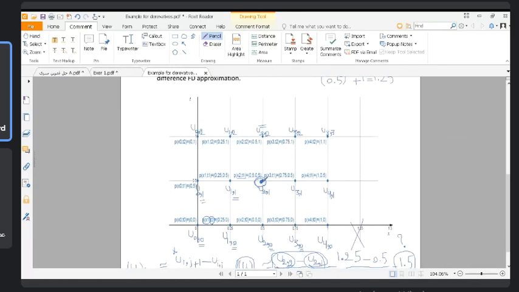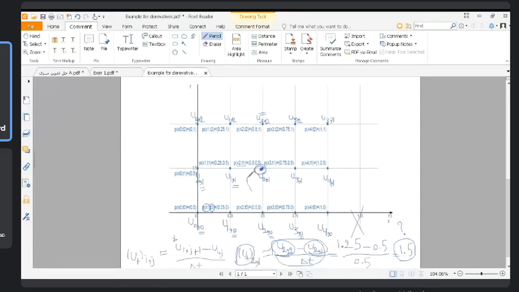Because when we compute ut at 2, 1, we use the next point, u2, 2, not u2, 0. If we use u2, 0, we say the formula is backward. When we use u2, 2, the next point respect to u2 and 1, this formula is the forward formula.